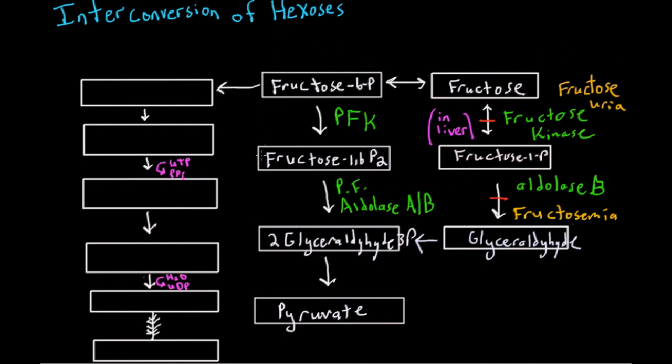Now, to this left here, this is where we're converting over into glucose. So we can take a fructose 6P and change it into glucose 6P. So this is sort of the undoing of the glycolysis pathway. But it's important that we have these steps.